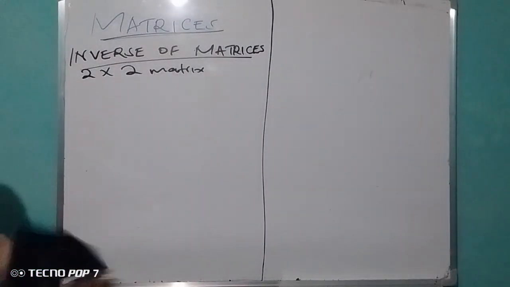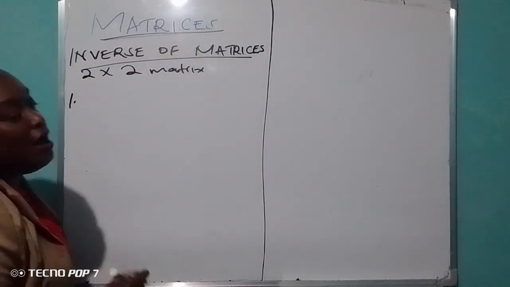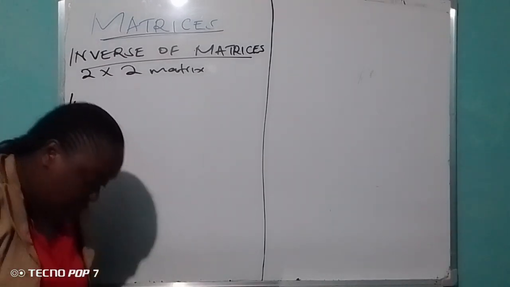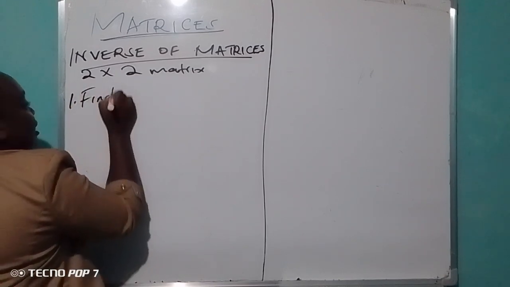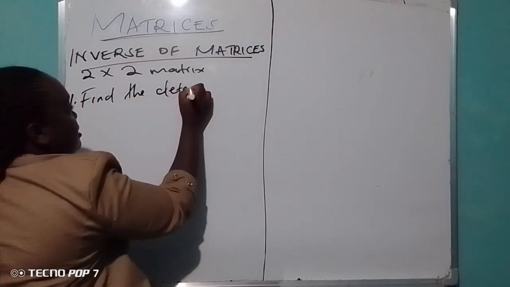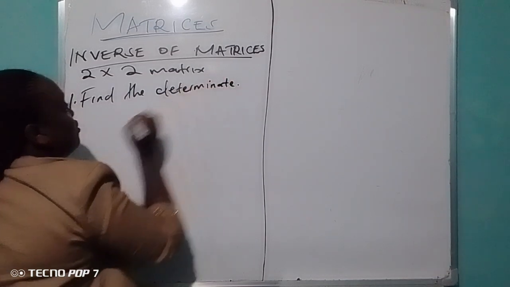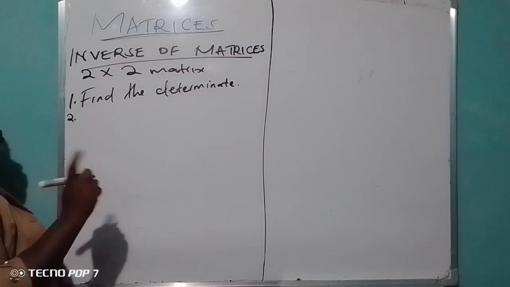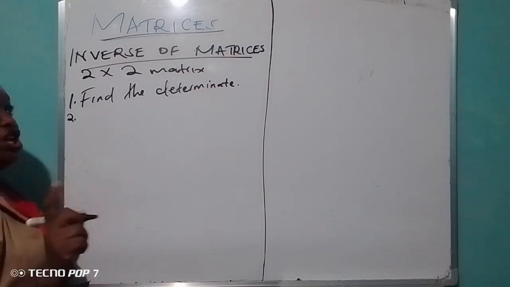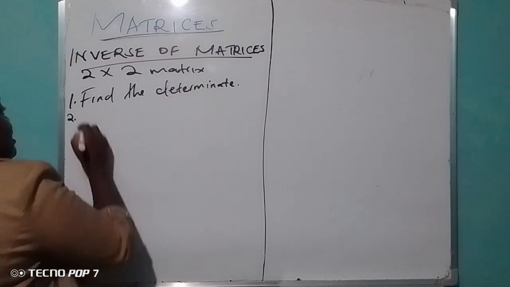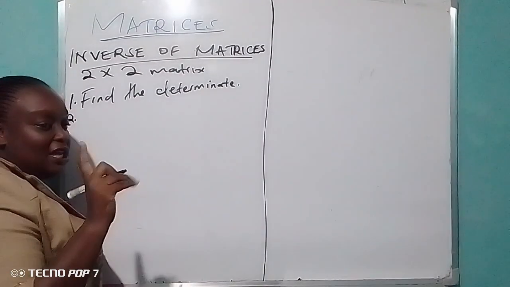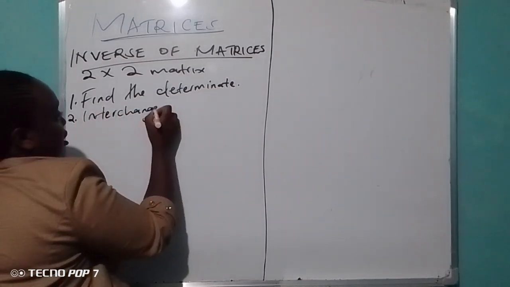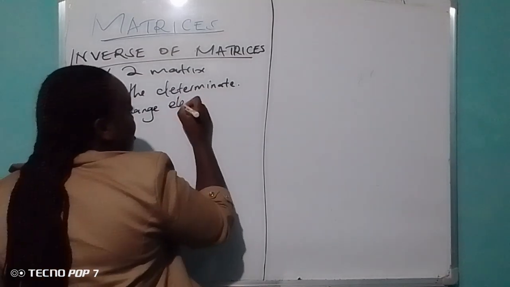So we have the procedure. The first thing you'll have to do when you are doing an inverse of a matrix is find the determinant. This is the first step. Then, after you have found the determinant, you will interchange elements in the leading diagonal. You know where the leading diagonal is.